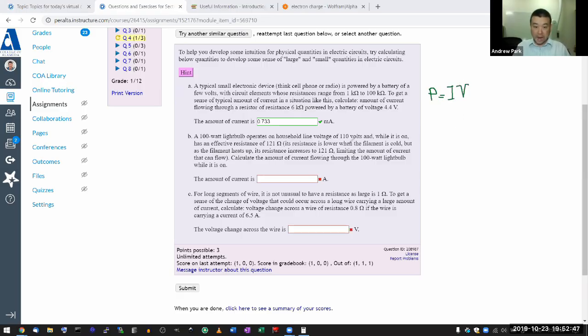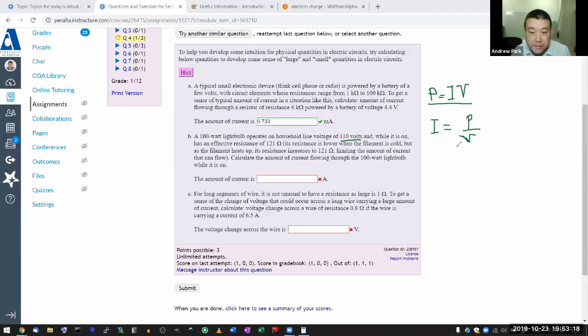So we are given the voltage, and even though we are given the resistance, I don't think we need to use it, because in this expression for power, I have something that I can solve for I, the current. The current is power divided by the voltage. So I guess we'll try that.